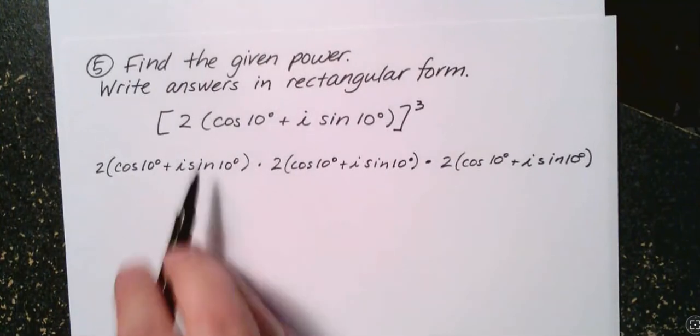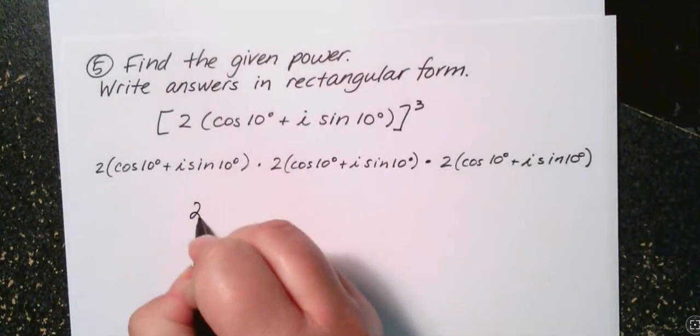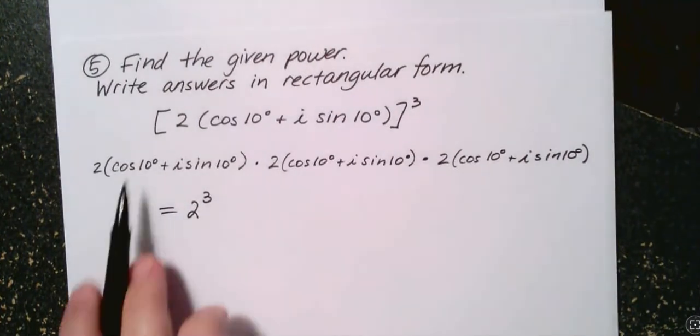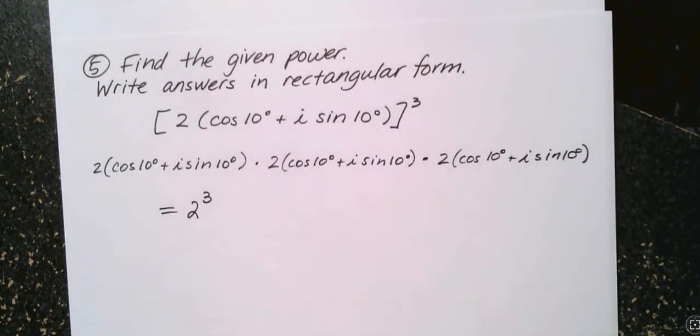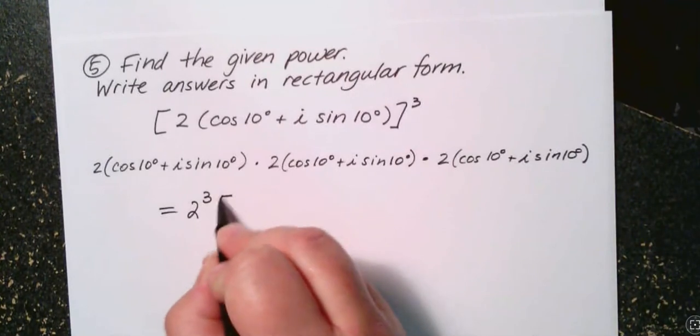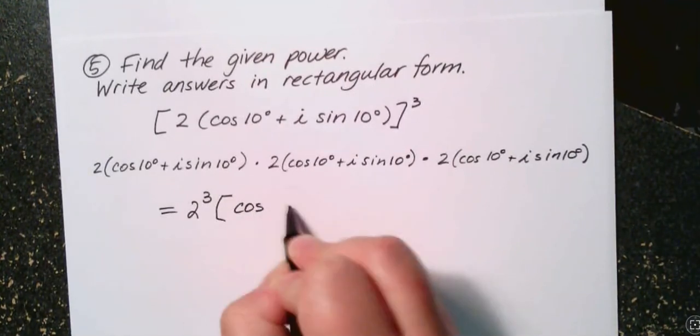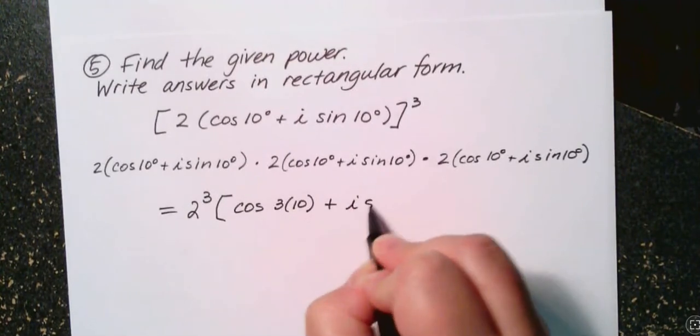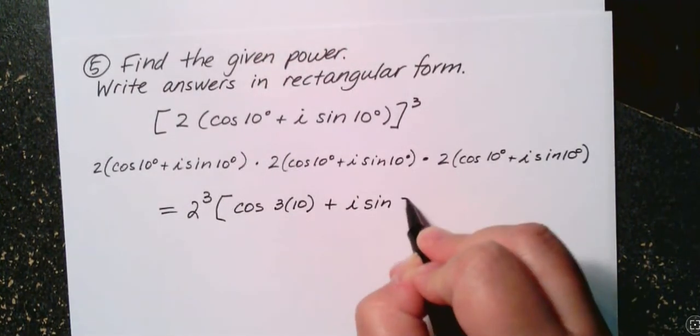So basically that's this number, the 2, gets raised to the third power. And the 10, I'm adding however many times I have it. So that's cosine of 3 times 10 plus I times sine of 3 times 10.